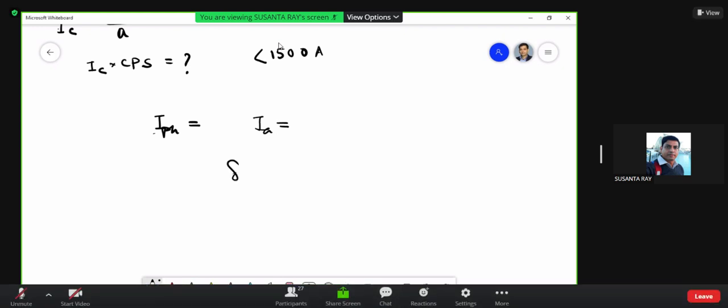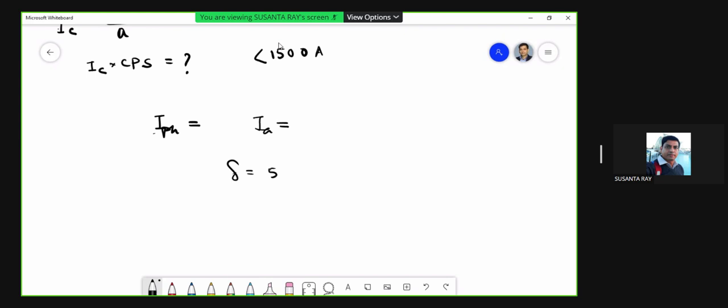The current density you can take 5 to 6 ampere per square millimeter.